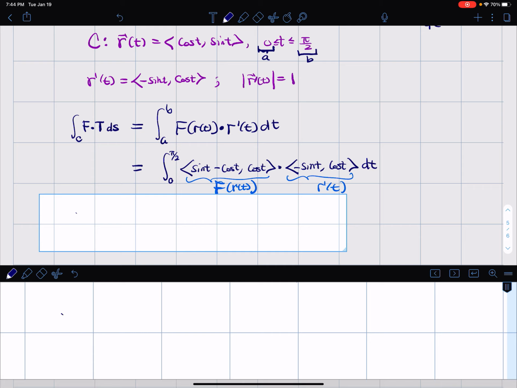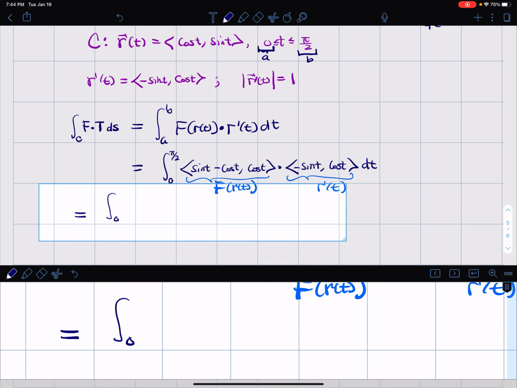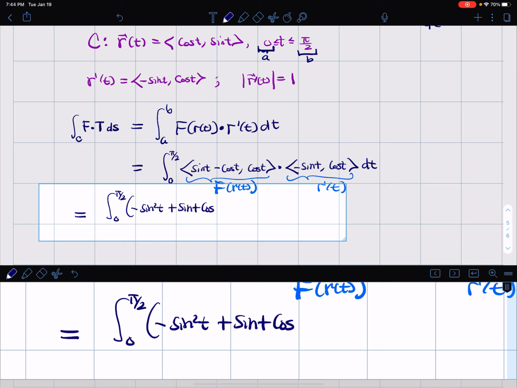If you perform this dot product, you're going to get the integral from 0 to pi over 2 of negative sine squared t plus sine t cosine t plus cosine squared t, and then dt.